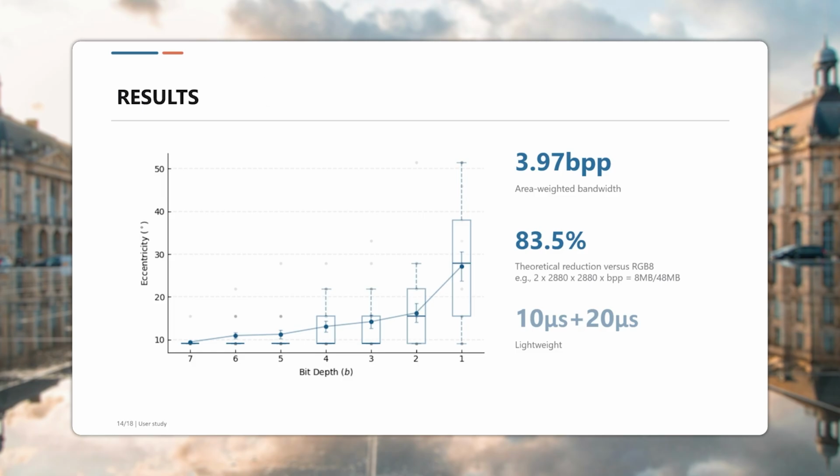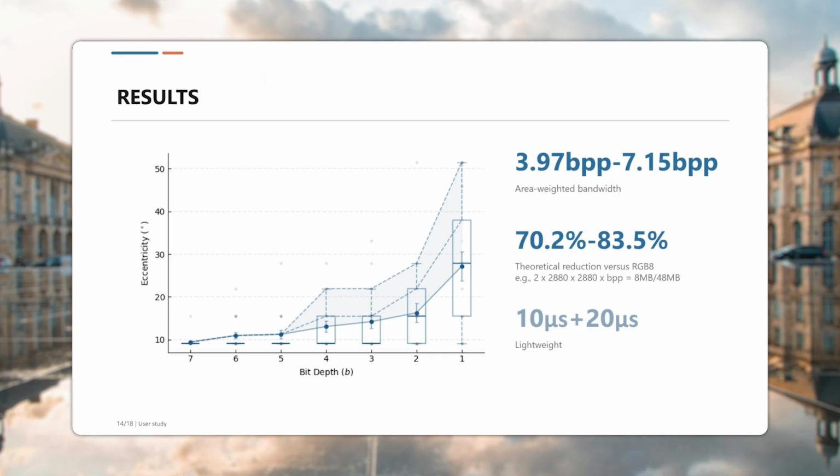So for example, with the Pimax Crystal configuration, it reduces the raw frame size from 24 megabytes to 8 megabytes. We also consider a safer transition zone to balance the quality and saving. In the worst case, the bandwidth is still about 7 bits per pixel, which gives us around 70% of reduction.